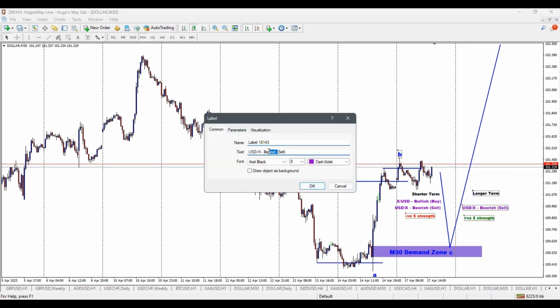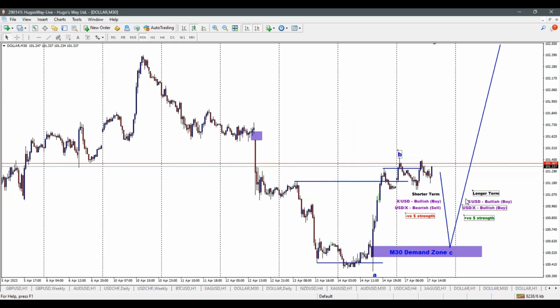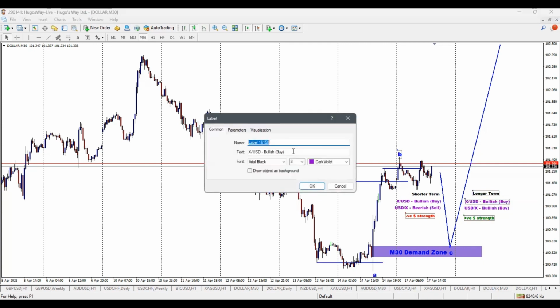We would be bullish. Here you go. So bullish, so buy over here. And then for XUSD pairs will be the opposite. So we have a long-term bearish sentiment, which is so bearish, which is a sell.